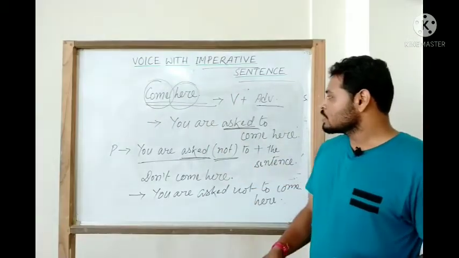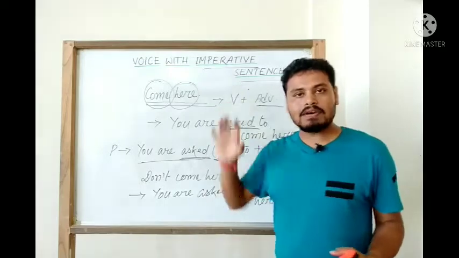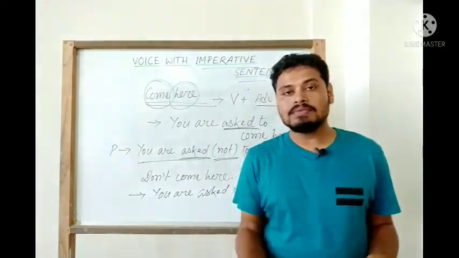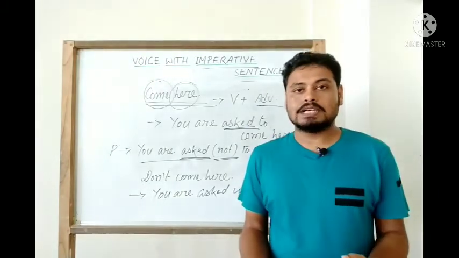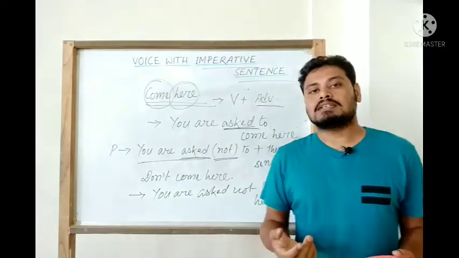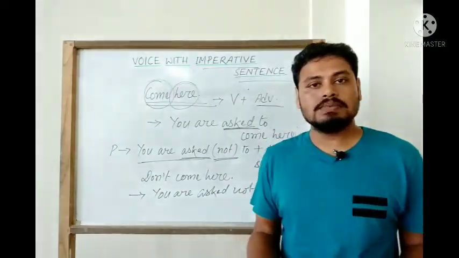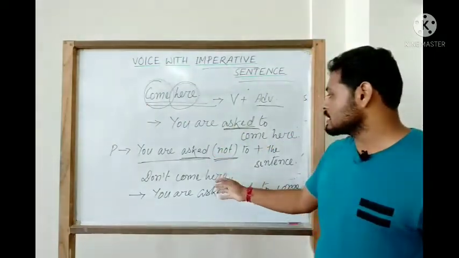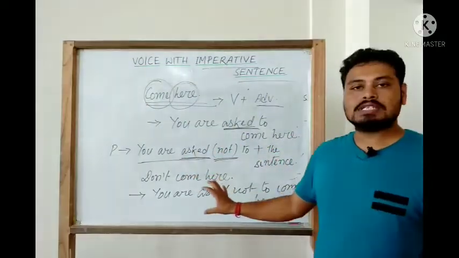So like this we can change this type of imperative sentence that starts with a verb but doesn't carry an object with it. In order to change those active voices to passive, we can follow this particular structure.